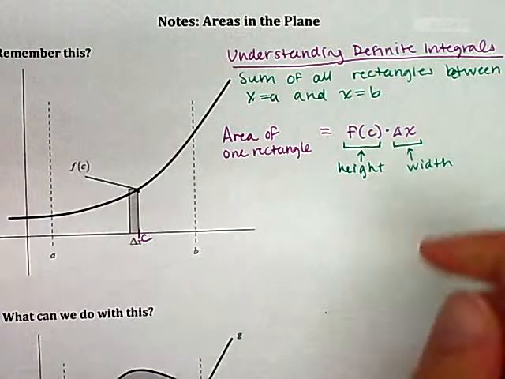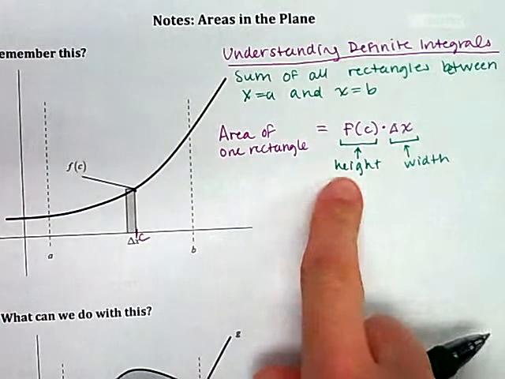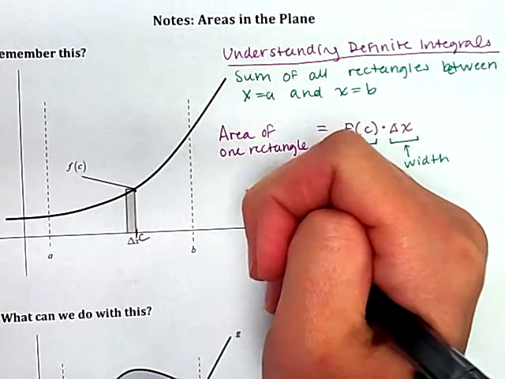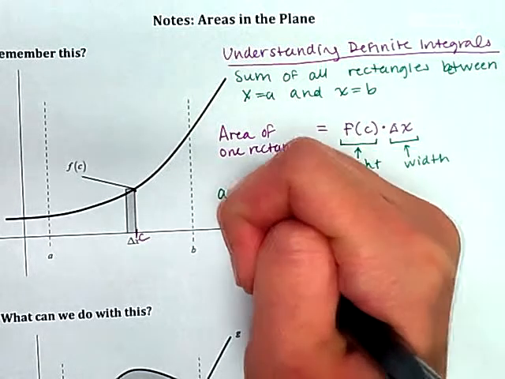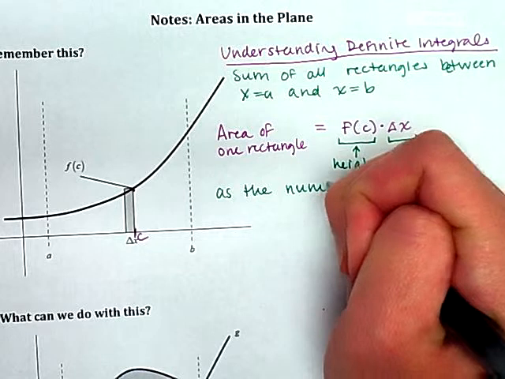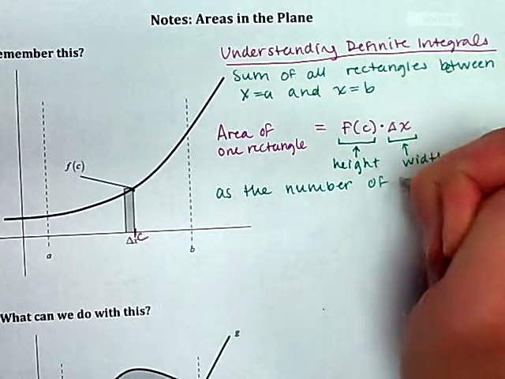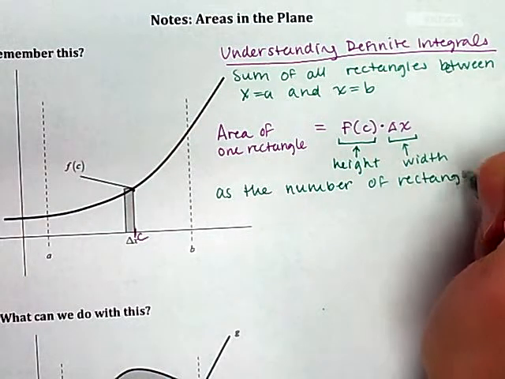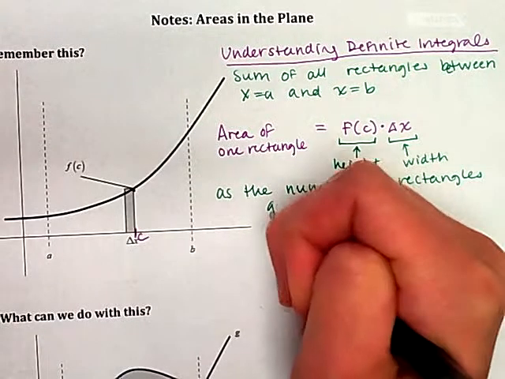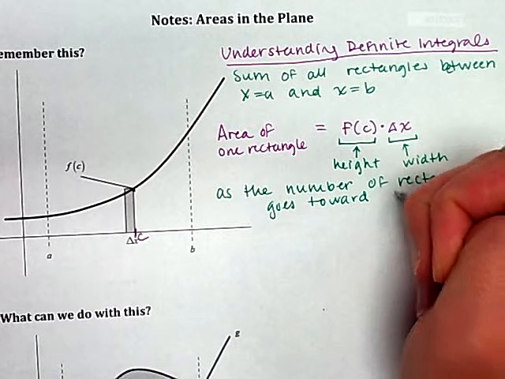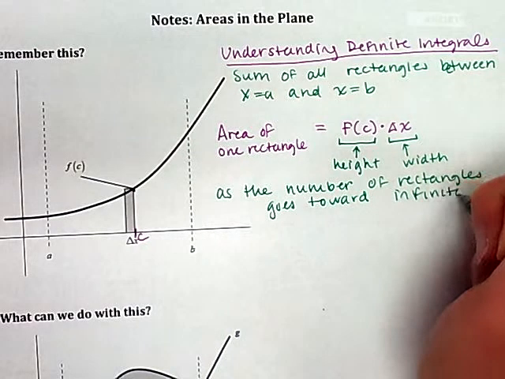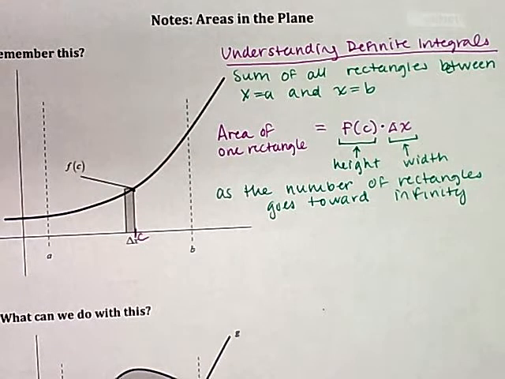And we want the sum of all these rectangles as the number of rectangles goes toward infinity. And that's how we get the exact definite integral.